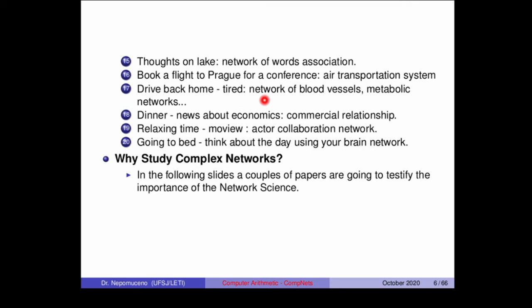In the evening, during dinner, you see the news about economics, so you probably see commercial relationships. In the relaxing time, you can watch a movie and see an actor collaboration network. When you go to bed, you think about the day using the most amazing network, the brain network. So it's not so difficult to see why study complex networks.